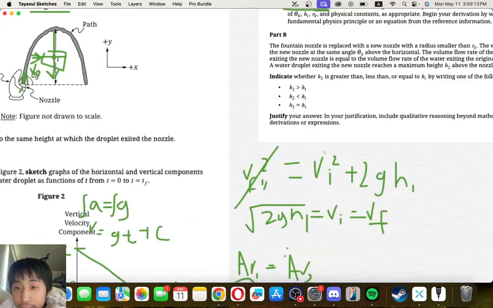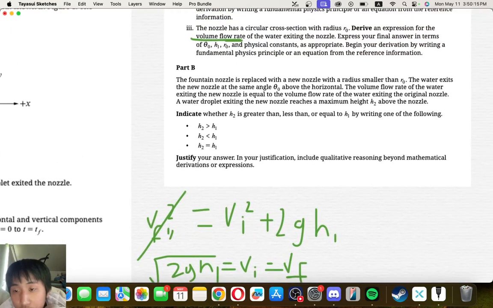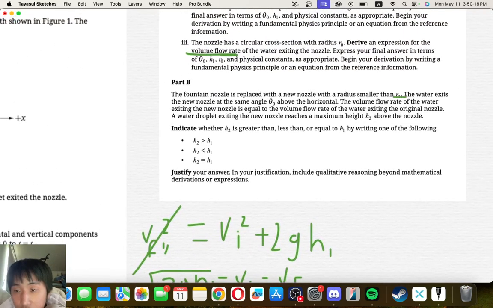The fountain nozzle is replaced with a new nozzle of a smaller radius than RO. The water exits the new nozzle at the same angle theta above the horizontal. The flow rate of the water is equal to the flow rate of the water exiting the original, exiting the new nozzle to the maximum height of H2 above.